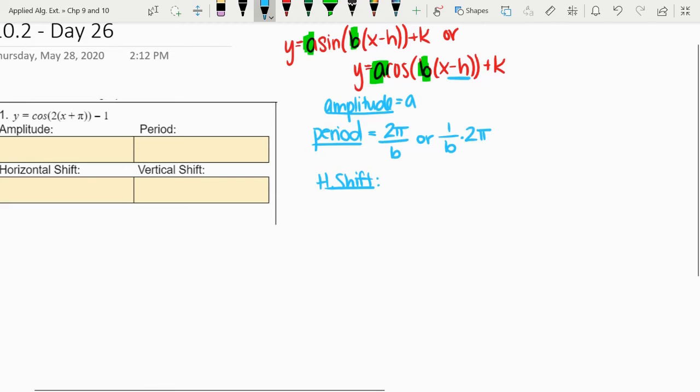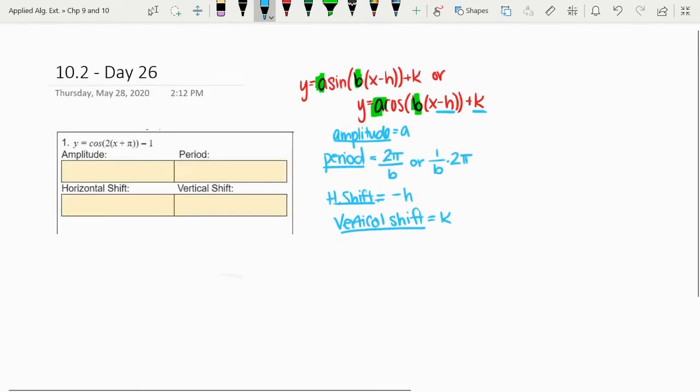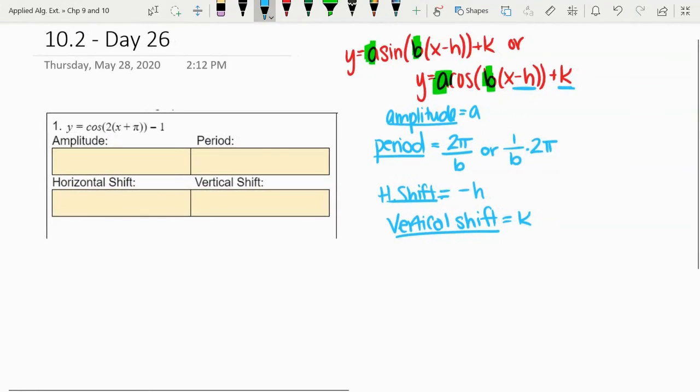So I'm just going to say horizontal shift equals H, and the vertical shift is going to be all the way on the outside, K. And I'm actually going to change this H to a negative because it's always the opposite sign of what they have in the equation. So let's try it out with this one.